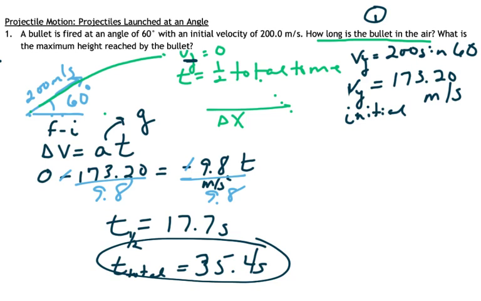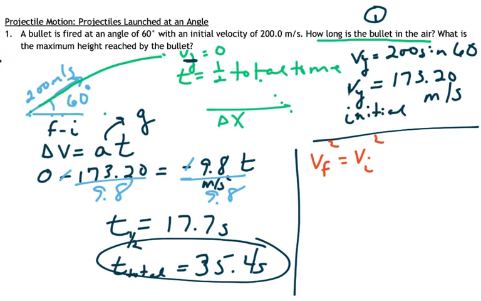A couple of different ways you could do this. I think I'll switch to red. I'm going to use final velocity, which we know, squared is equal to initial velocity in the y direction, which we also know, squared, plus 2 times the gravitational constant times the height at which it has this final velocity.